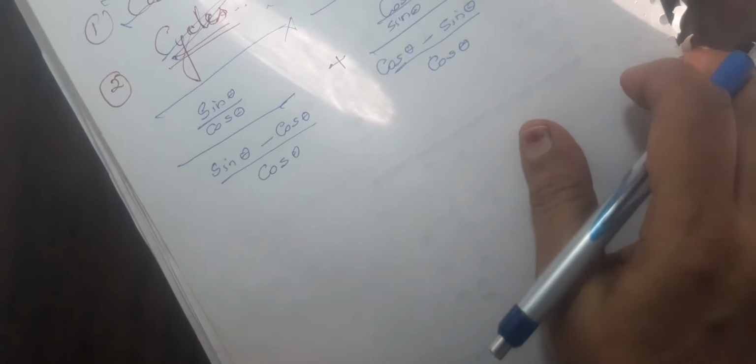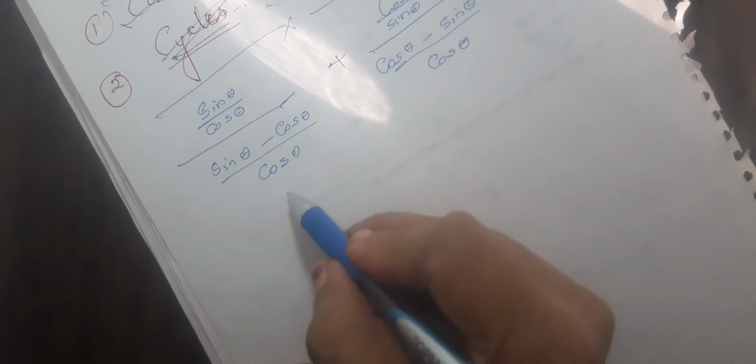Now what happens is, here sin theta by cos theta, 1 minus, by working out there, sin theta minus cos theta by sin theta, I will get by sin theta. Here I have got, working out, cos theta minus sin theta by cos theta.